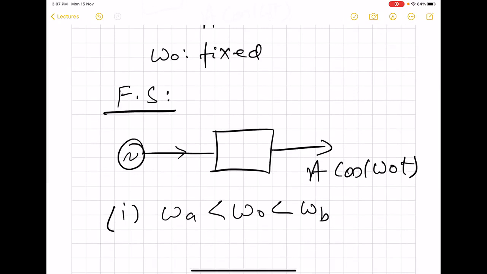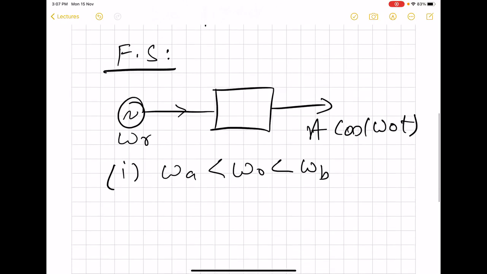And this frequency typically will be a smaller frequency. What we will ultimately be producing is the output frequency, which will be a certain factor n times omega r. And this n can be greater than 1 also. So these are the two advantages.